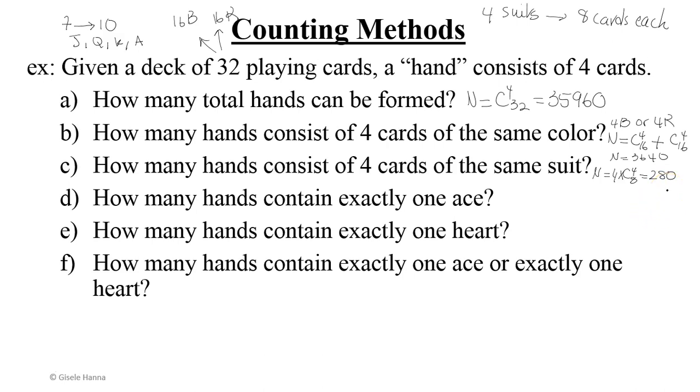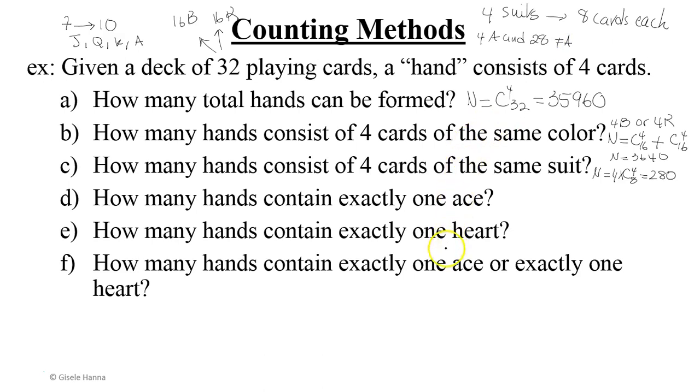Now, how many hands contain exactly 1 ace? We know that out of the 32 cards, I have 4 aces, and the remaining ones, which are 28, that are not aces.